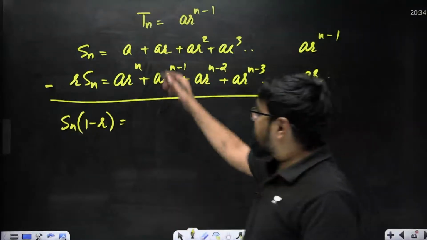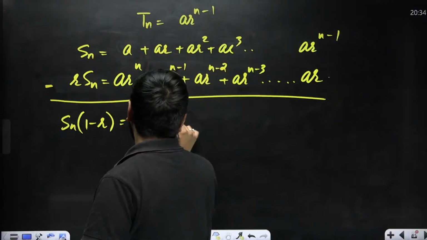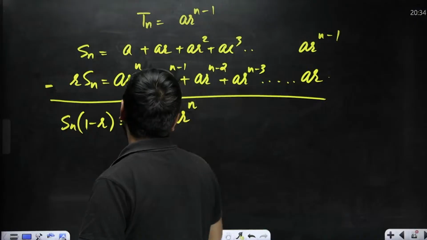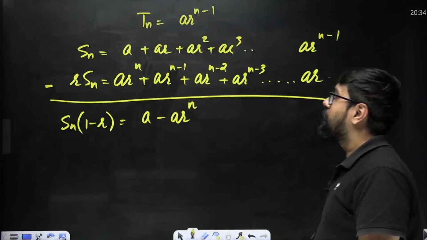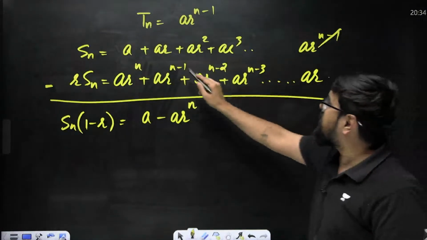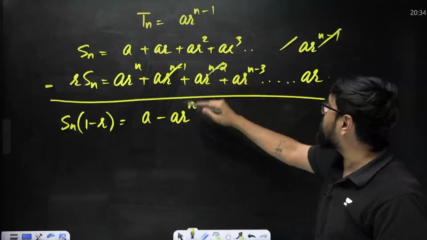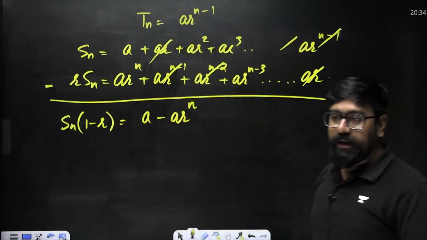What am I getting? I'm getting A minus AR to the power n only, because terms are going to get cancelled. This term is getting cancelled, the second last term is getting cancelled, this term is getting cancelled by this. All terms are getting cancelled.